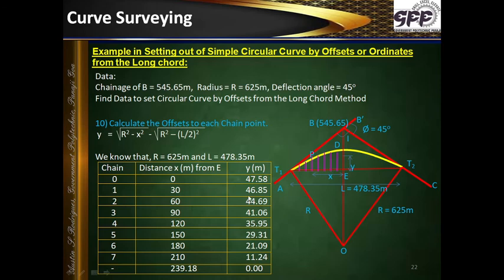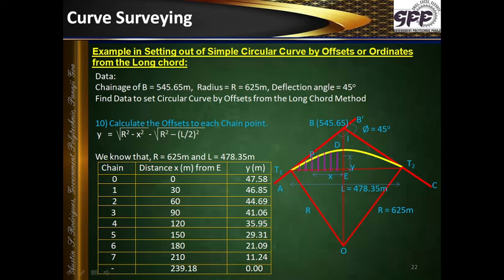Similarly, the next chain gives me 90, then 120, 150. Similarly, the last chain over here completes the distance from the point E as 210 meters. At 210 meters, substituting over here, I get the value of y. The value of y comes to 11.24 meters. Obviously, at the point T, the answer has to be 0. Mathematically, it comes equal to 0.